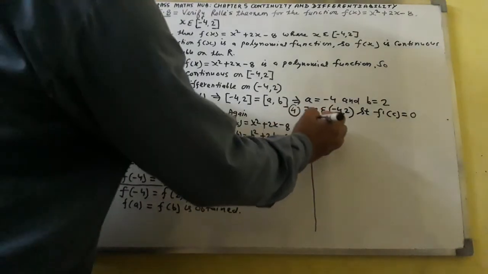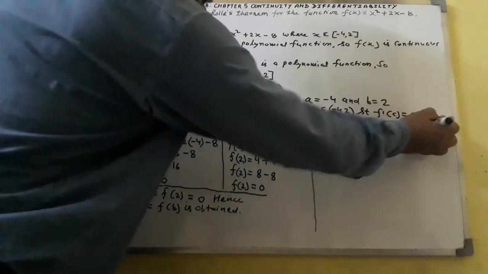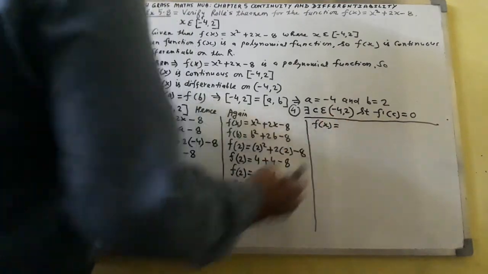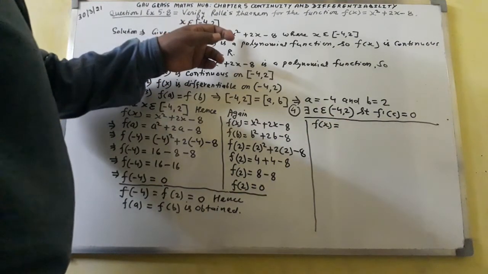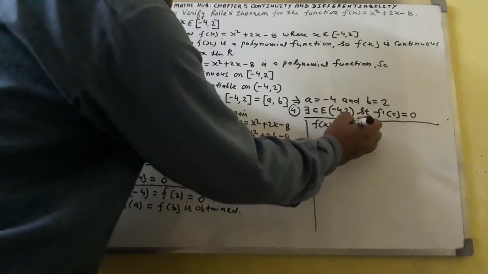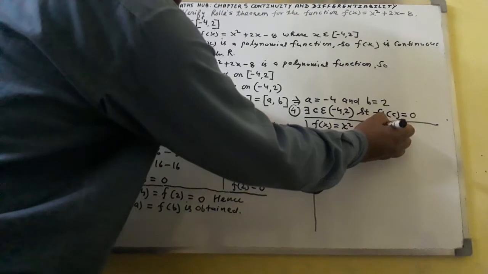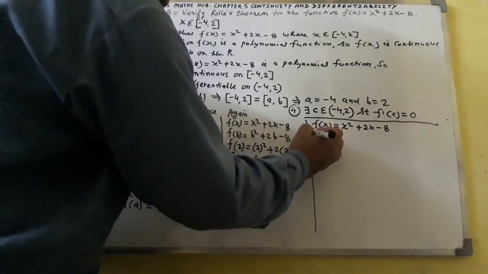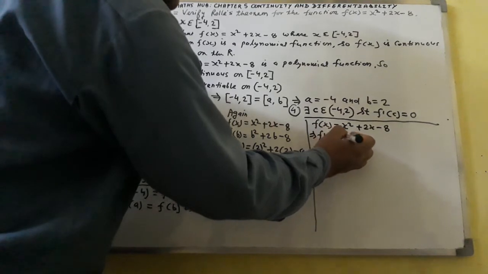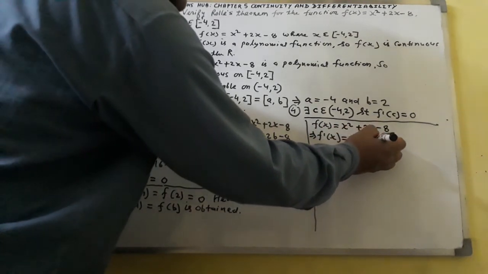First of all, I shall write here f of x, the original polynomial, x square plus 2x minus 8. So here it implies that f dash x comes out to be 2x plus 2.